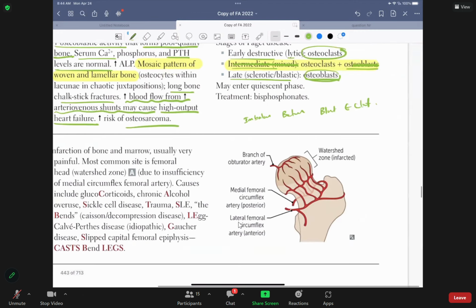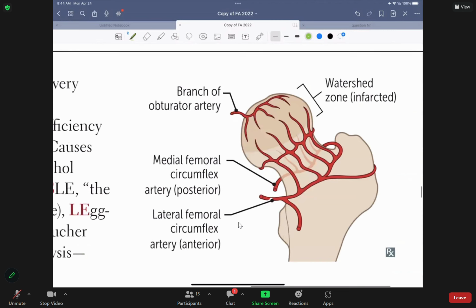Now let's look at this one. You can see this is the head of the femur. The head of the femur gets blood supply, one from this tiny blood vessel, a branch from the obturator artery. The second one is the medial circumflex artery. Now look at this. The medial circumflex gives such a good collateral circulation, isn't it, folks?